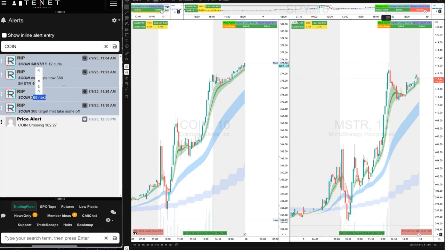I gave two targets. I moved the stops at 360. COIN ran there to 369. MSTR didn't really work that way. But again, when 512 and 3450 are so close, 3450 is your final line of defense, right? So even COIN dipped under and reclaimed because there was support here.